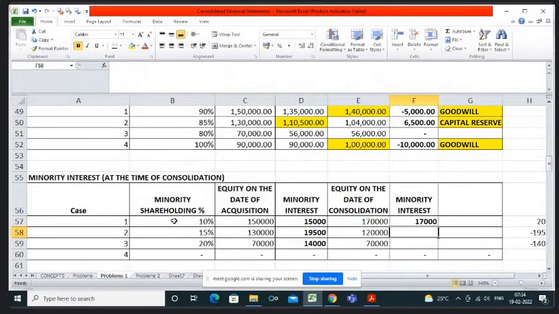So 17,000, and 15% of 1,20,000 will be 18,000. 20% of 70,000 is 14,000. So these will be the minority interest: 17,000, 18,000 and 14,000.